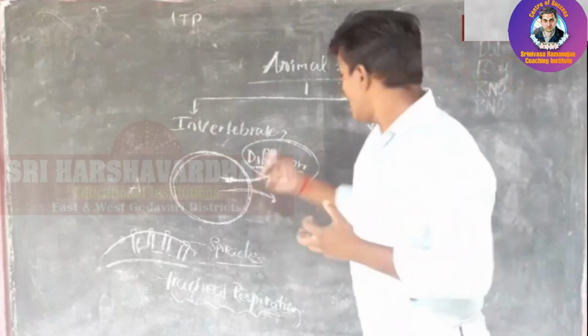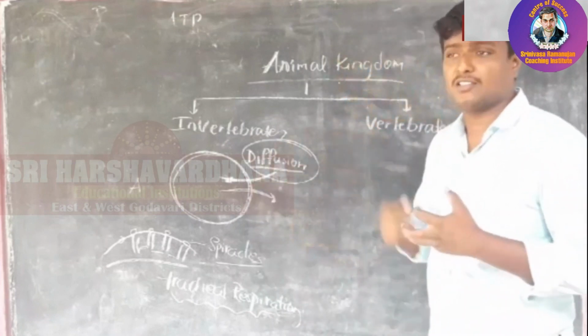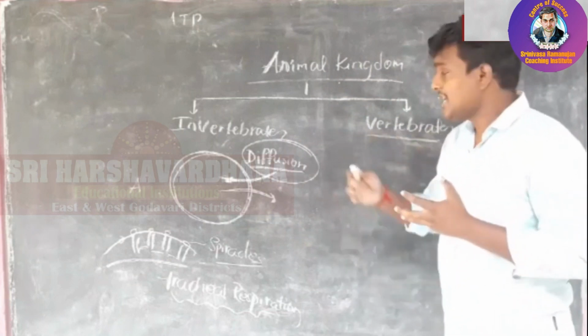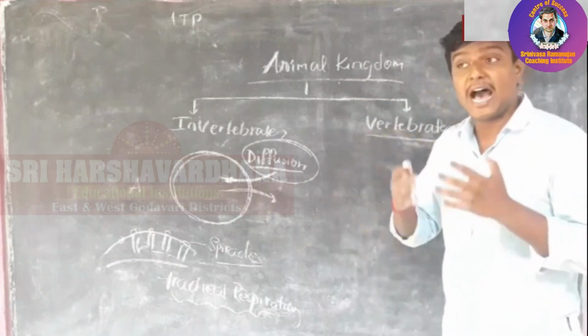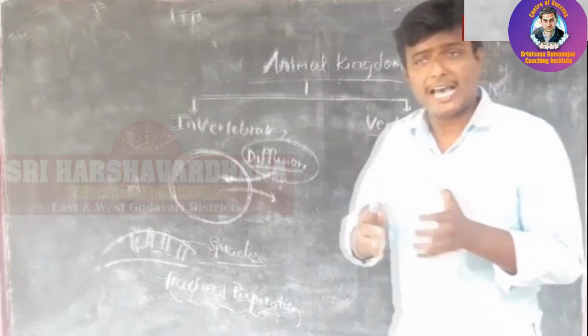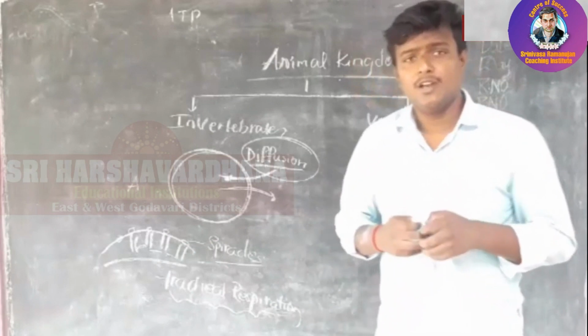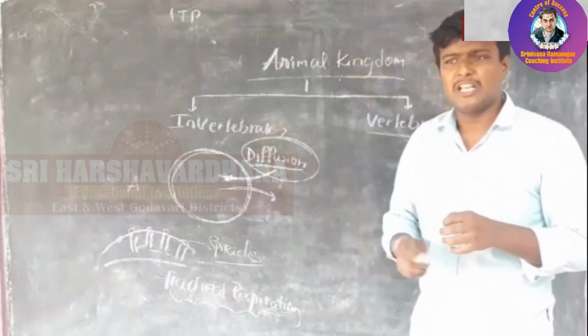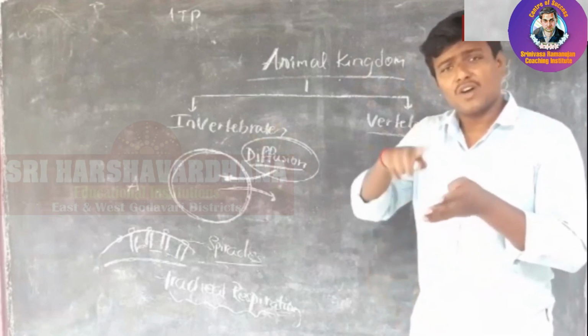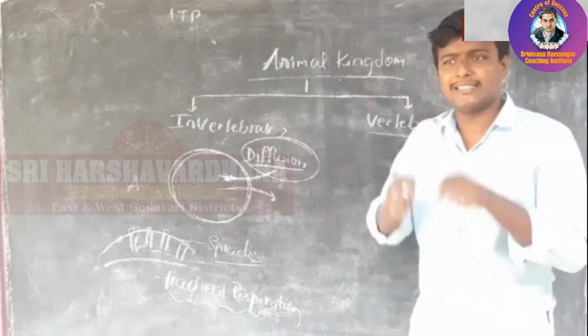Tell me, why do we call the vertebrates higher organisms? If you take the vertebrates, they are very well developed body-structure wise. For example, in invertebrates, for respiration, digestion, capturing food and locomotion, all use the same organ.